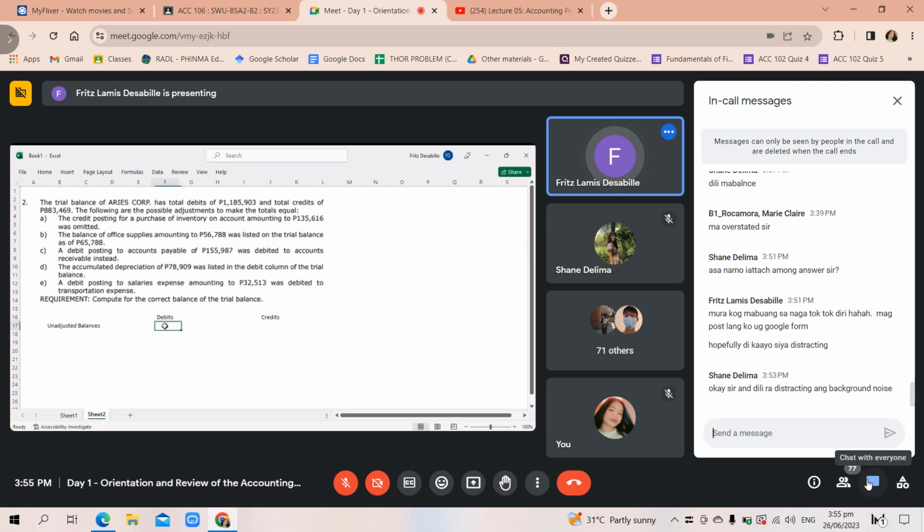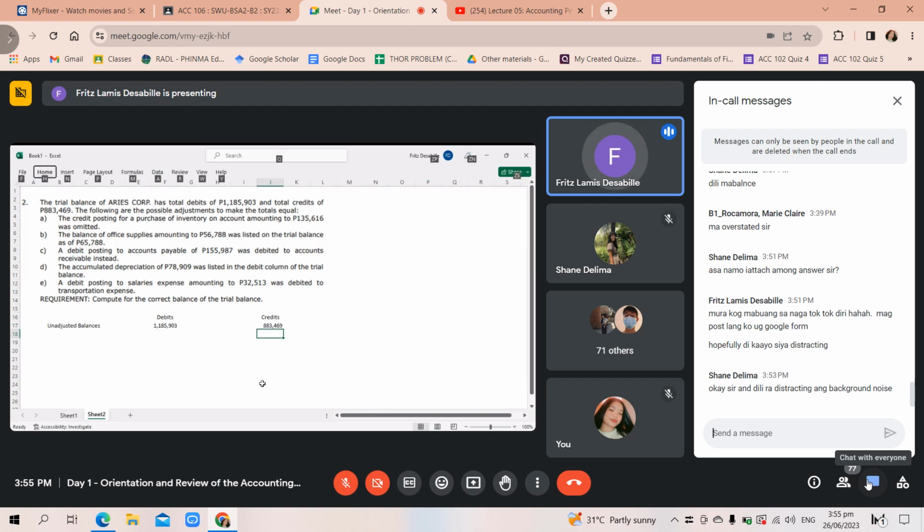How much is the unadjusted debit? Is 1,185,903. Atong credit kay 883,469.